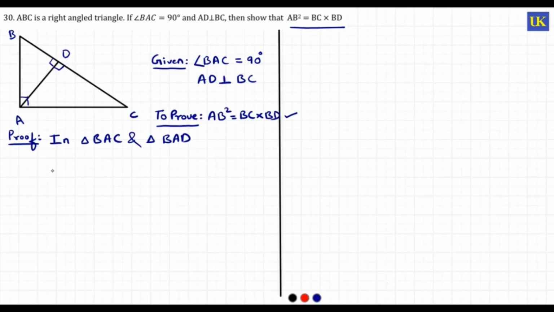So I can say that angle BAC is equal to angle BDA, because both are 90 degrees.